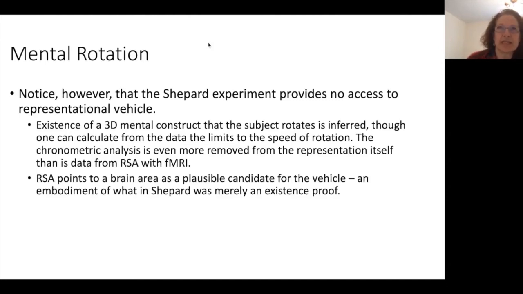And that seems like it's even more removed from the real representation than the RSA data is using fMRI. Because at least the RSA points to a brain area as a plausible candidate for the existence of that vehicle, right? Whereas there was nothing in the Shepard experiment that told you anything about where you would find such a vehicle.